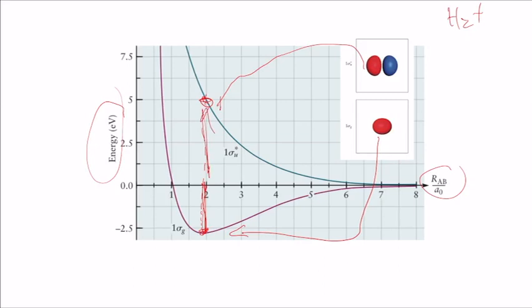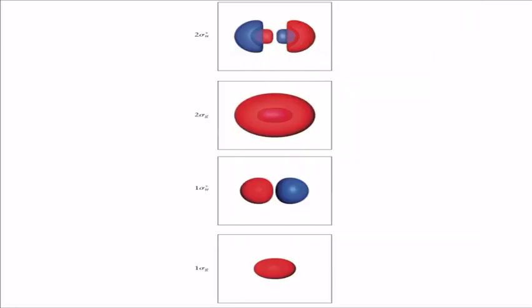That means that if you have 2 electrons here and 2 electrons here, you're not going to be forming a bond. Okay, very well. Again, this is designated 1σg, 1σu star, and this is the internuclear distance in terms of Bohr radii. So now let's see how other higher energy level molecular orbitals look.